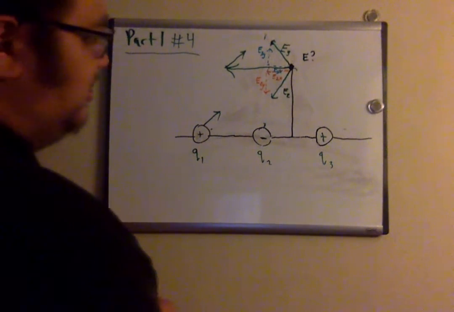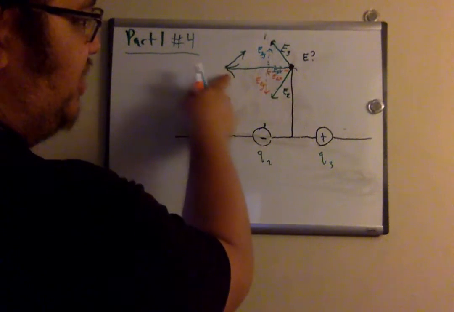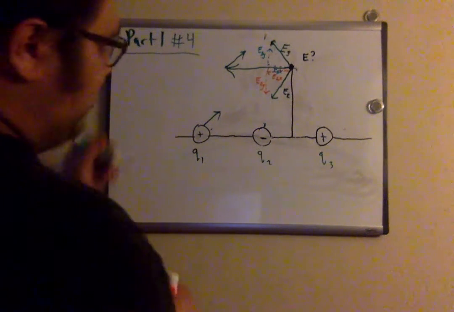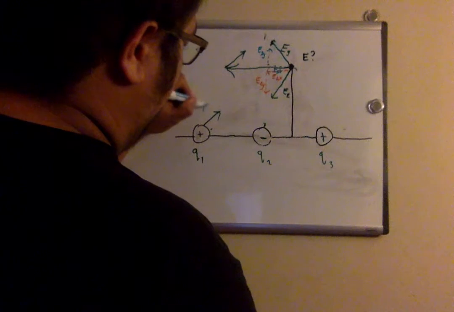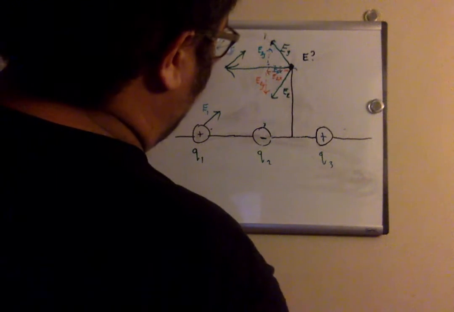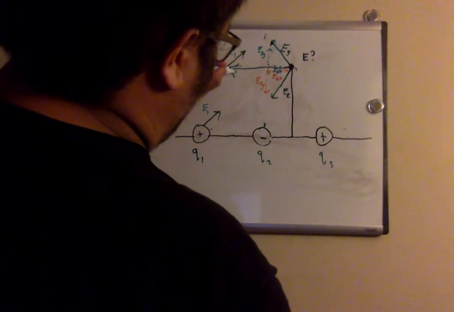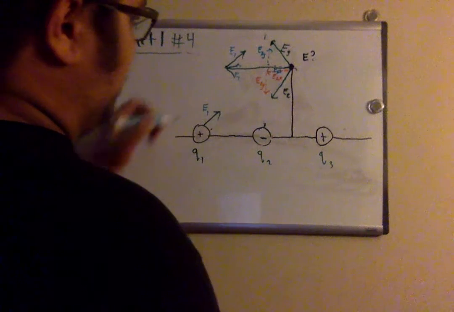Now the X component going that way is going to take away from this left component, but it's not. So if we look at the components here, let's call this E1. The X component is going to be small because it's a lot further away, so the overall magnitude is smaller.